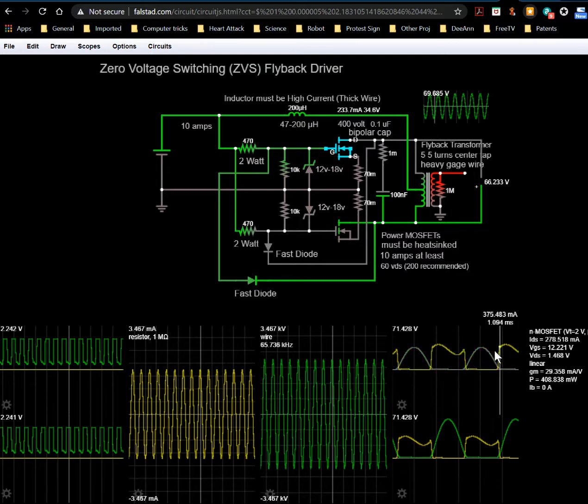But at any rate, the point is that when this transistor's on, this transistor will still be on too until that Miller capacitance is discharged.